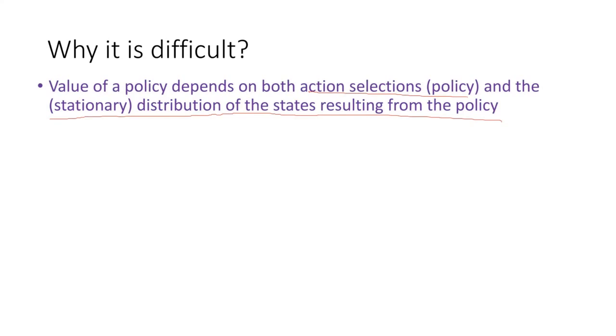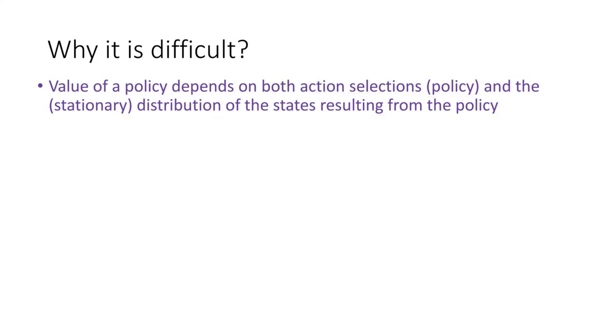If you are familiar with Markov chains, this corresponds to the stationary distribution of that Markov chain, where the Markov chain is the one induced by this policy on that MDP. So the reward depends on the policy in two ways. One is directly. Then indirectly, the policy will influence the stationary distribution, and that stationary distribution will influence the reward.